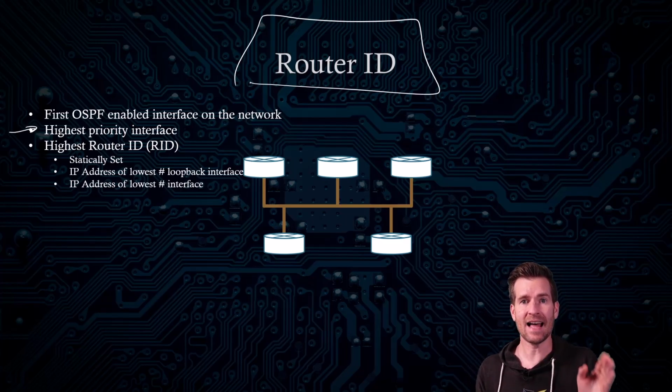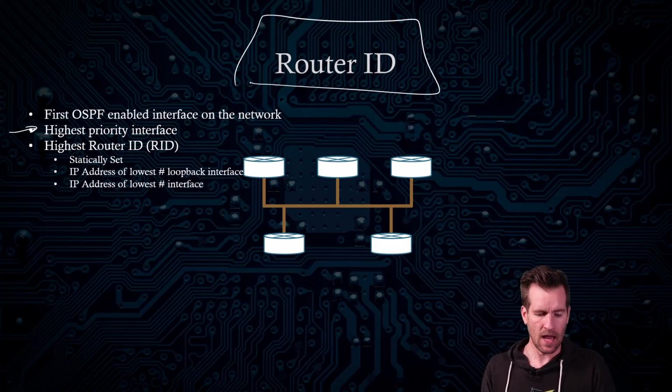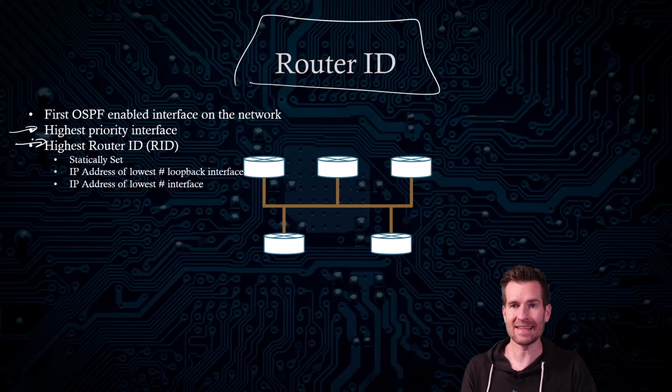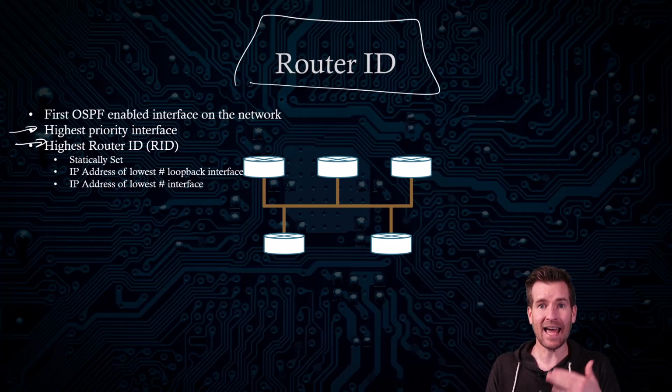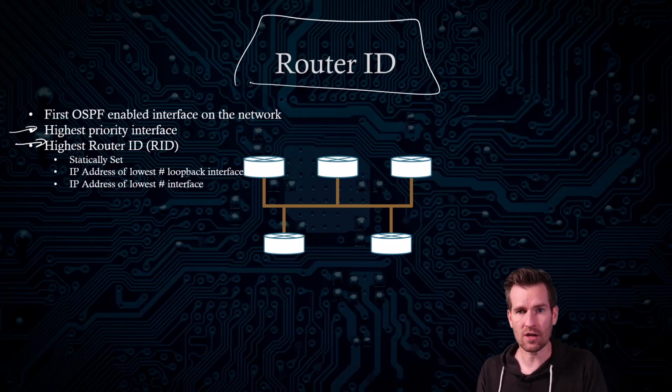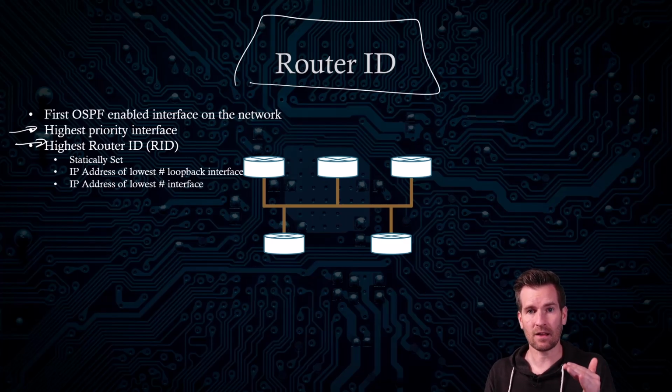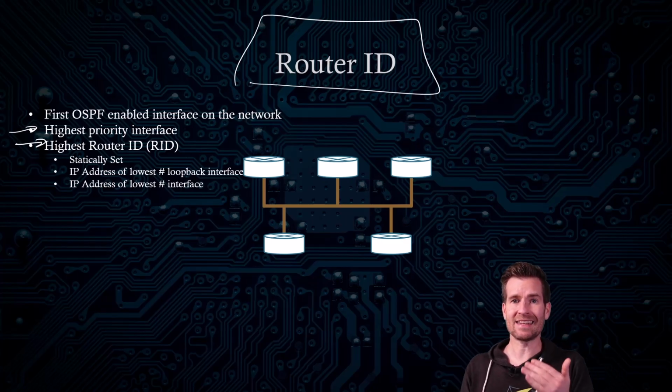And if that's not set, or if they're similar, then it will go to, okay, who has the highest router ID? So a router has to have a router ID. It's not just used for DR election. It's also used to verify who people are as neighbors. And so communication happens back and forth using this router ID. So how does a router ID get set?